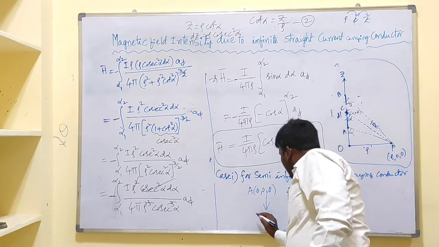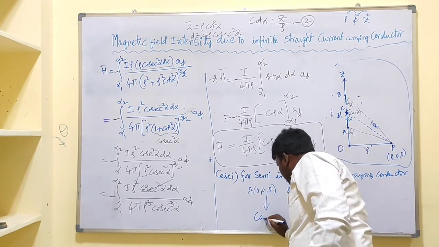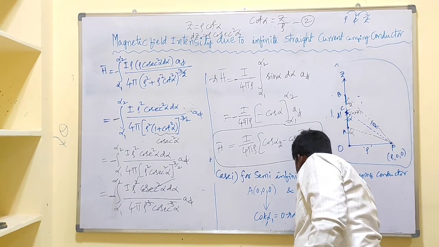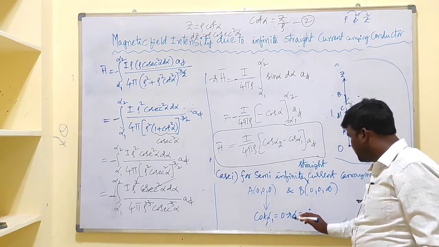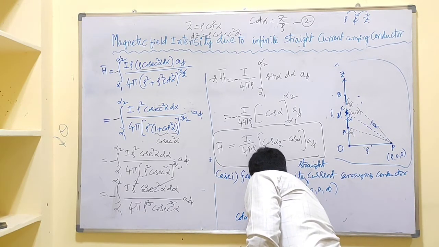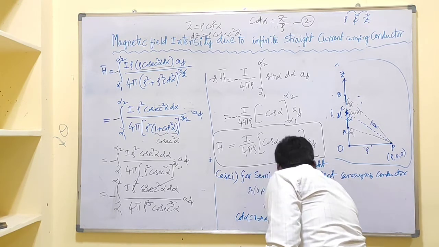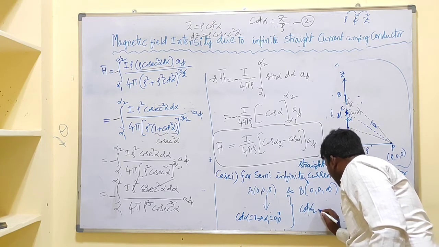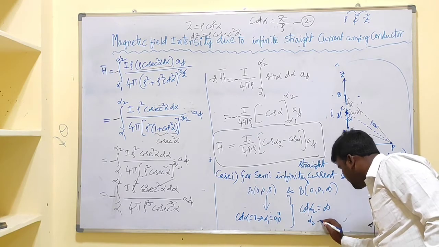For A, it is cot alpha 1, and the z coordinate here is 0, so cot alpha 1 is 0, which implies alpha 1 is 90 degrees. Similarly, cot alpha 2 equals infinity since z is infinity, so alpha 2 is 0 degrees.